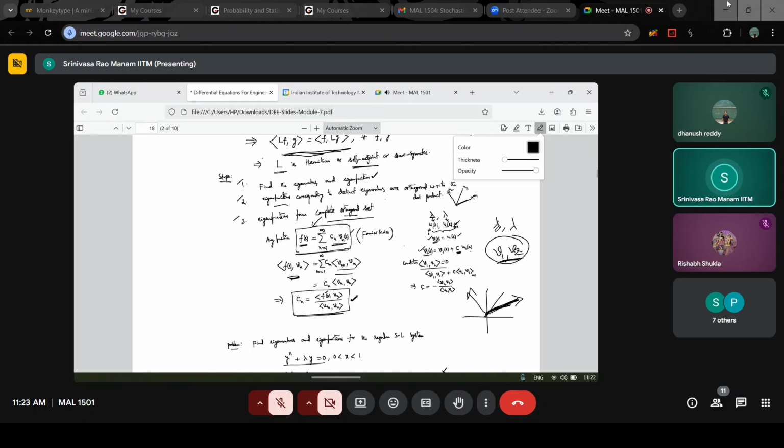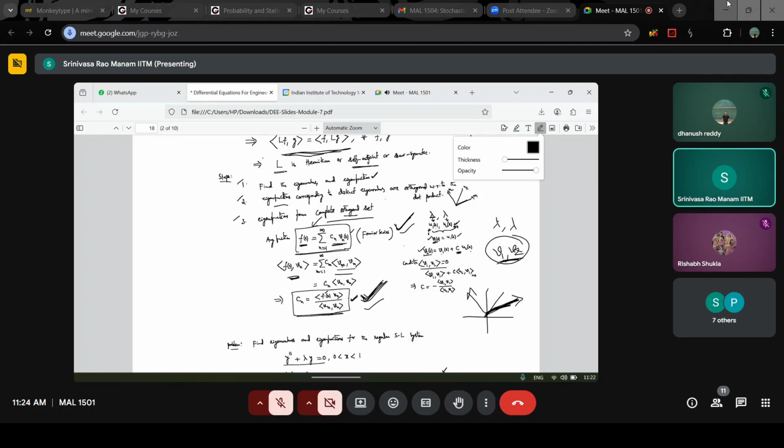Using that, I can calculate these constants, the Cn's. Those are your Fourier coefficients. This is actually the Fourier series. If you say this is your Fourier transform, this is your inverse transform, getting back your function in terms of those Vn(x). So this is how you naturally get Fourier series.